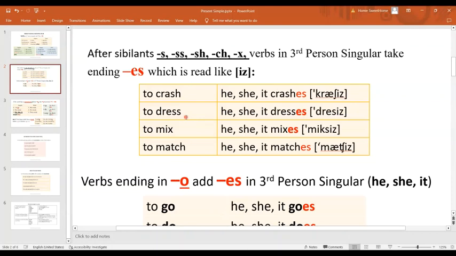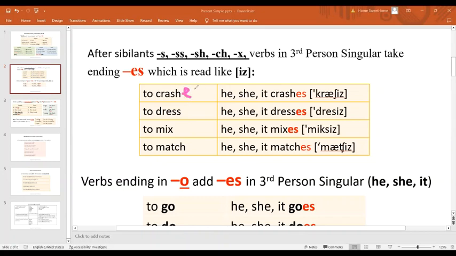We wouldn't be able to say triple s if we add just a third s here. So if you try to pronounce this with s, crashs, no good, or dresss, not good, etc. So that's why we need e in the middle.